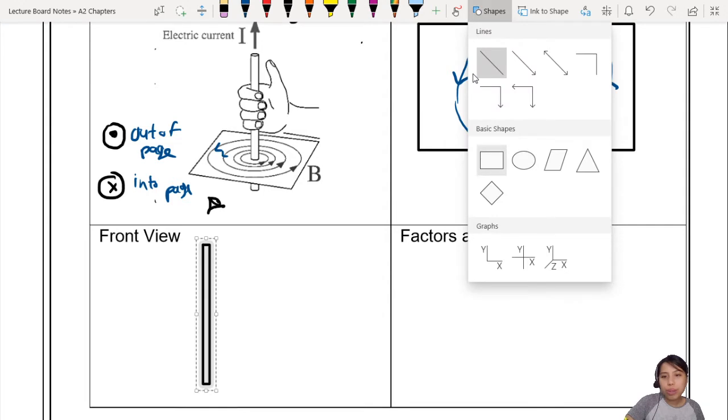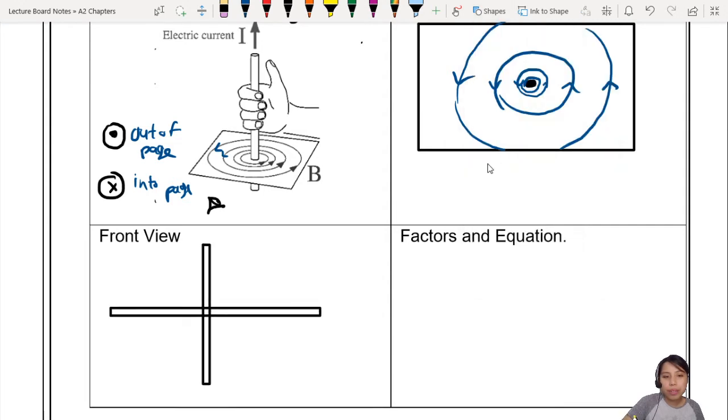I guess I should draw something thicker a little bit. So this is your paper. This is your wire. Where is current flowing? Up. So you can imagine all the tiny charges inside this wire are moving. And moving charges generate magnetic field.